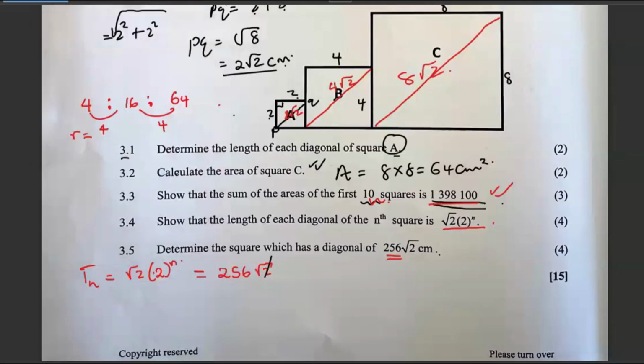Then 2 to the exponent of n. If I write 256 in exponential form, it's basically 2 to the exponent of 8, okay? Meaning that the 8th term, or the 8th square, is what the question is looking for. Okay, so that is question number 3.